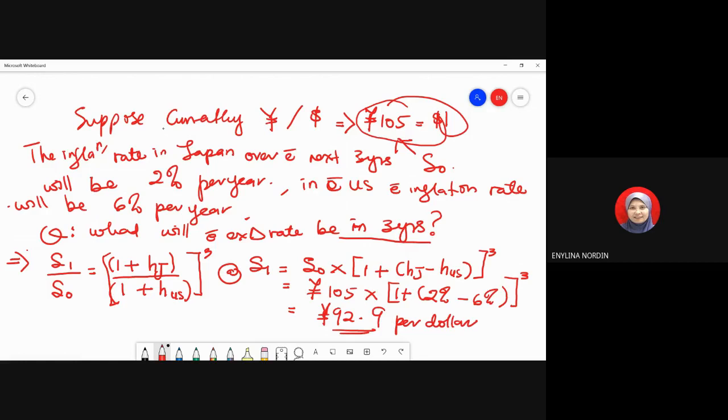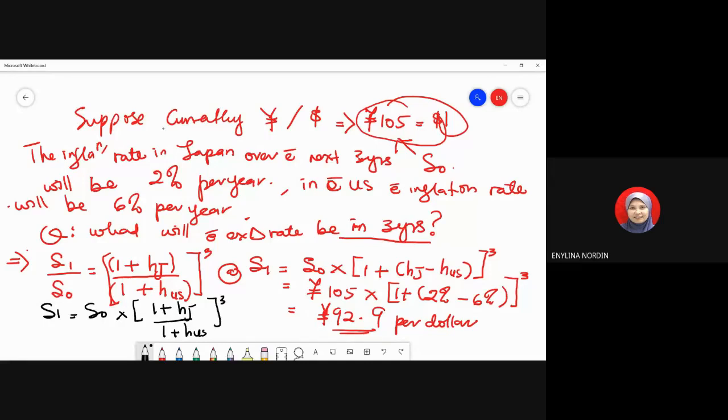Or if you want to make use of the first formula just now, that is S1 equals to S0 multiplied by 1 plus inflation Japan divided by 1 plus inflation US, and don't forget to the power of 3 here.